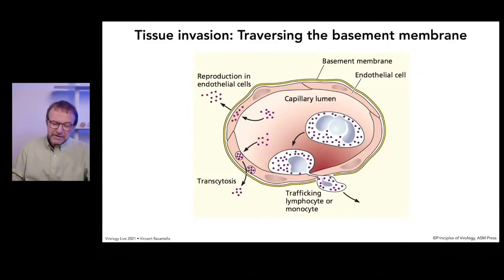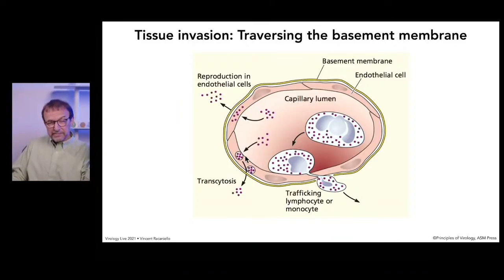How does it happen? Well, here are some ways that viruses can get across from the blood into underlying tissues. So here's our capillary. There's the lumen. There's the endothelium. All the cells join together to make a tube, right? Outside of it, we have our basement membrane. So here we have some virus particles floating around in the blood. They could, for example, infect the endothelial cells and be released on the other side. The infection could cause inflammation of the basement membrane and breakdown.